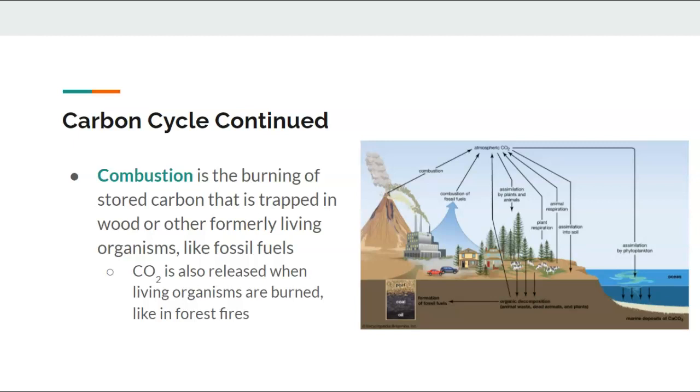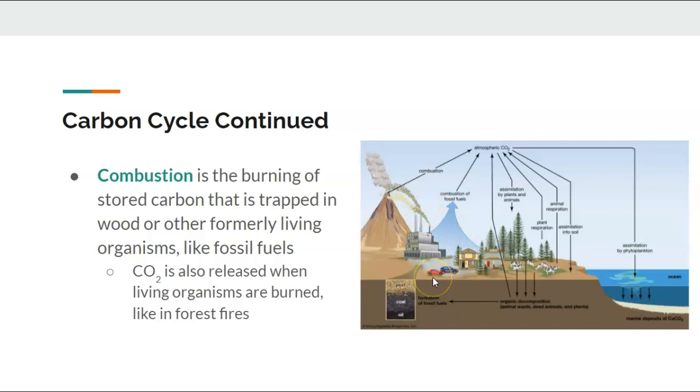Factories are constantly burning fossil fuels. But CO2 can also be released when living organisms are burned. So if there's a forest fire, that releases a lot of CO2 into the atmosphere at once when it wouldn't normally be released, right? Because those living organisms would use the CO2, not release it. This combustion happens a lot in urban areas like cities or where there are a lot of factories.